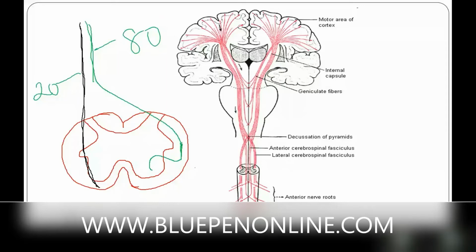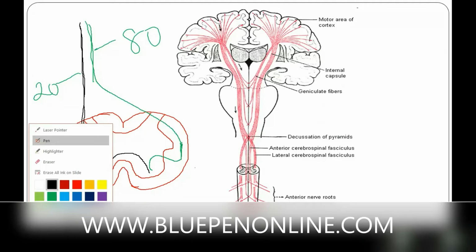And what happens is when they reach that particular segment, from the anterior funiculus of that side, they'll cross to the opposite side and join with the remaining 80%, which had crossed already in the medulla. And these two groups will end in the anterior horn of the spinal cord.